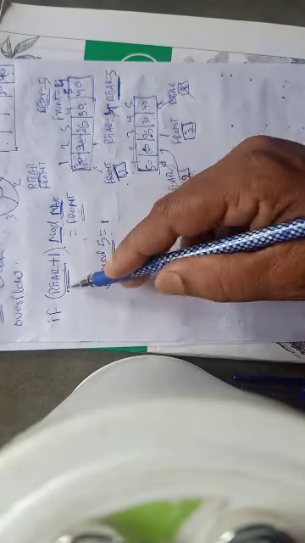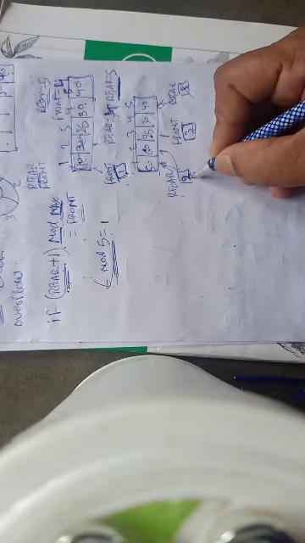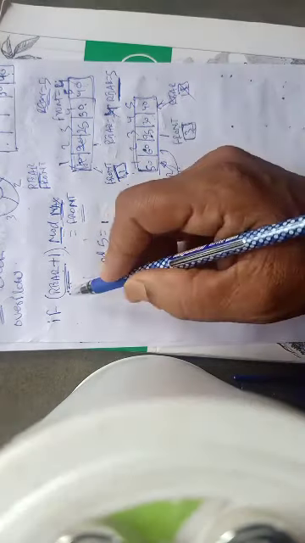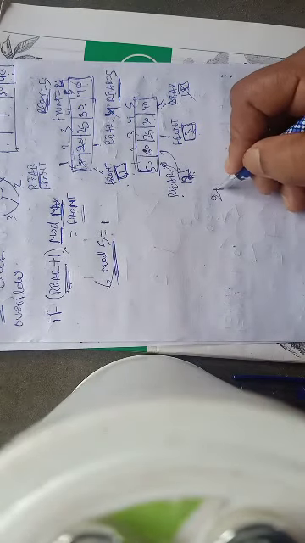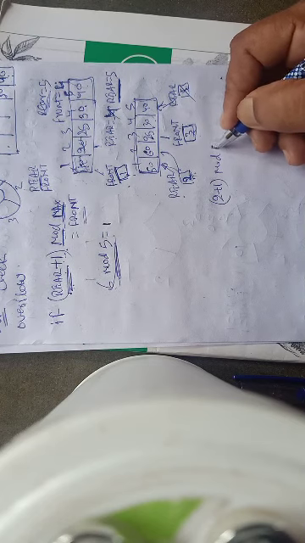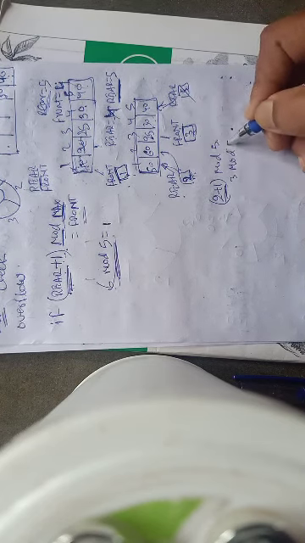Now let's see whether the other case satisfies this formula or not. Here rear is 2 and front is 3. Our formula says rear plus 1, so 2 plus 1 mod max, where max is 5. 2 plus 1 is 3, so 3 mod 5. What is the remainder if we perform 3 divided by 5?